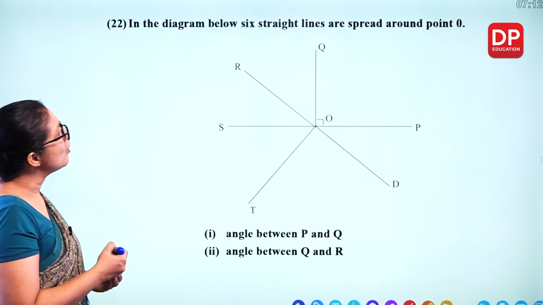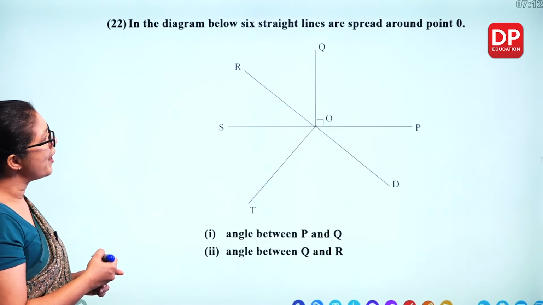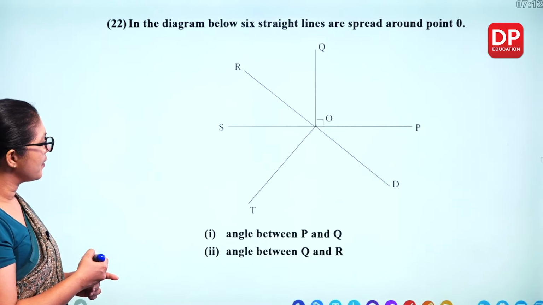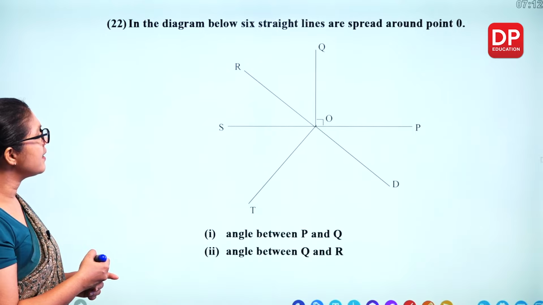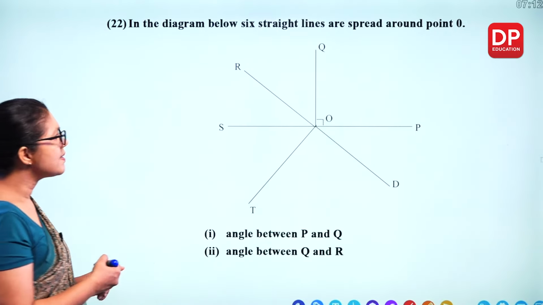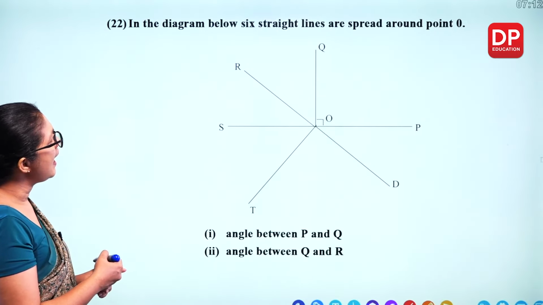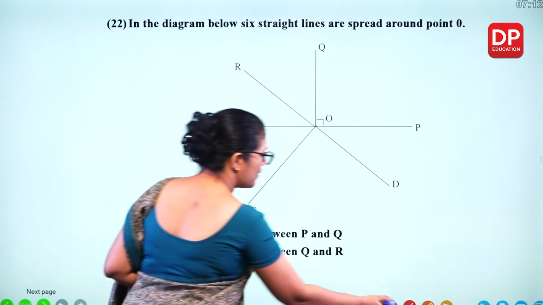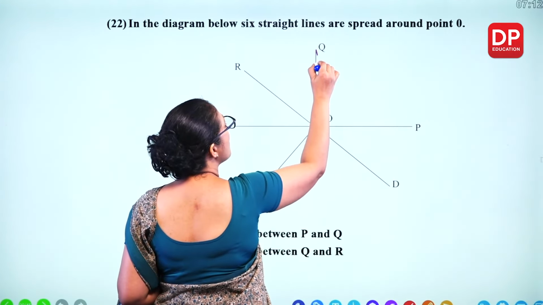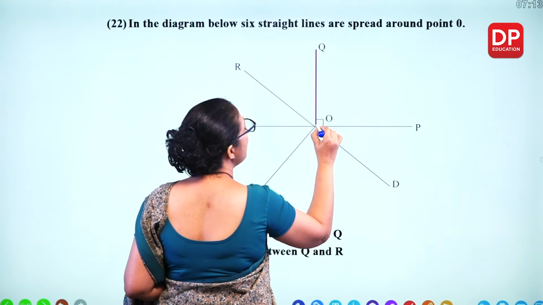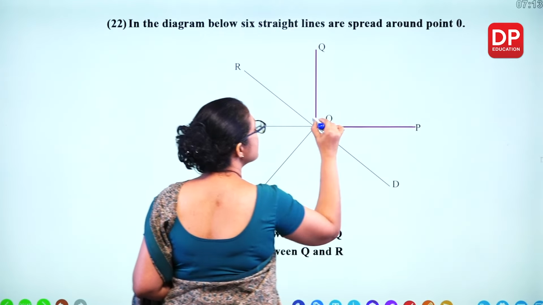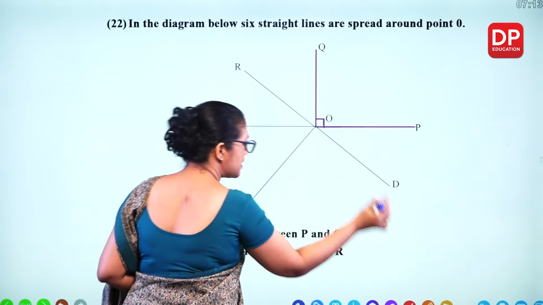In the diagram below, 6 straight lines are spread around point O. Angle between P and Q. Where's the angle between P and Q? Here, this one and this one. So that's a right angle.